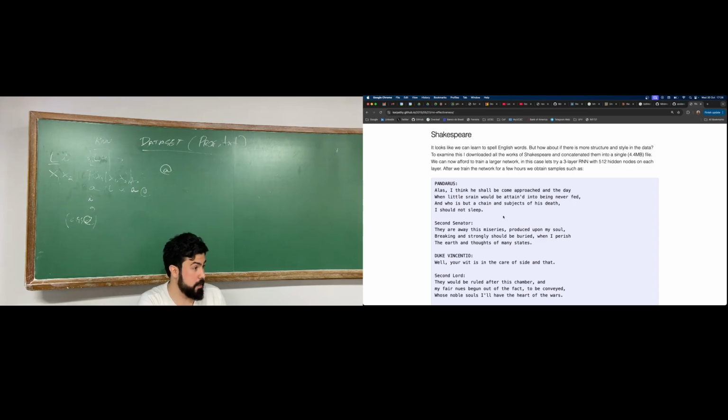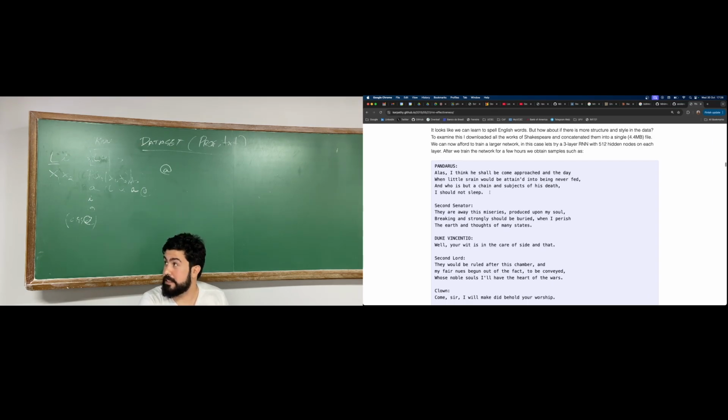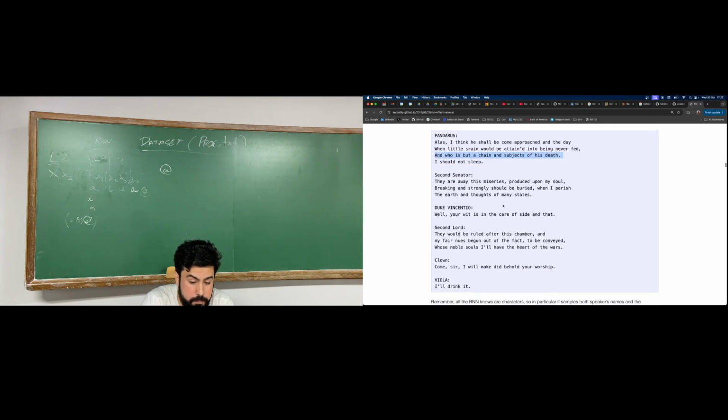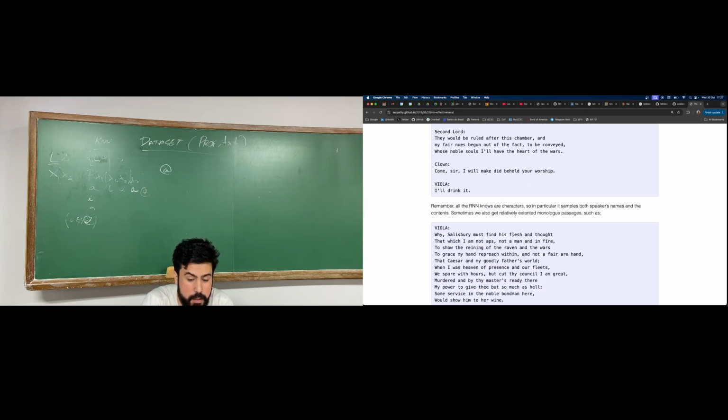He did this on Shakespeare, using all the works of Shakespeare as a text file. The RNN generated this, and it learned the whole structure of the script. It learned many words, like little, and, who, is, but, a, chain, and subjects. All these words were learned character by character.